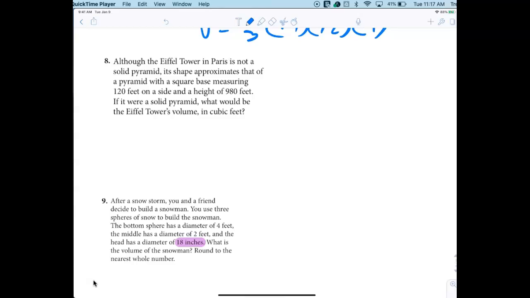So if you had to fill it up with concrete or something, we want to know how many cubic feet you would need. All right, so what's the formula? V equals 1/3 big B times big H. So now, what's the base? S squared. Yes, good job.